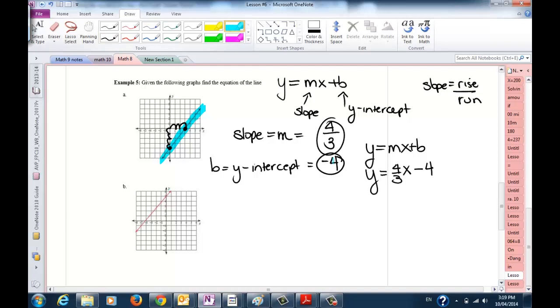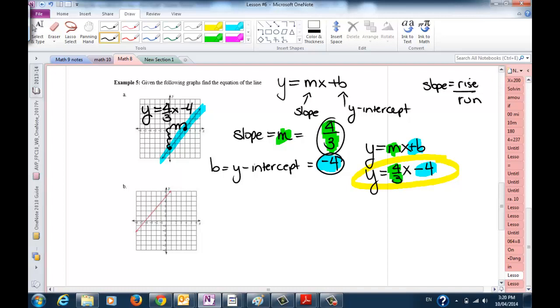And so all I've done is, where I had a b, I've substituted in my -4. Where I had an m, I substituted in 4/3. And this is our equation of our line. This is our solution. And I can write this on here. Y equals 4 over 3x minus 4.